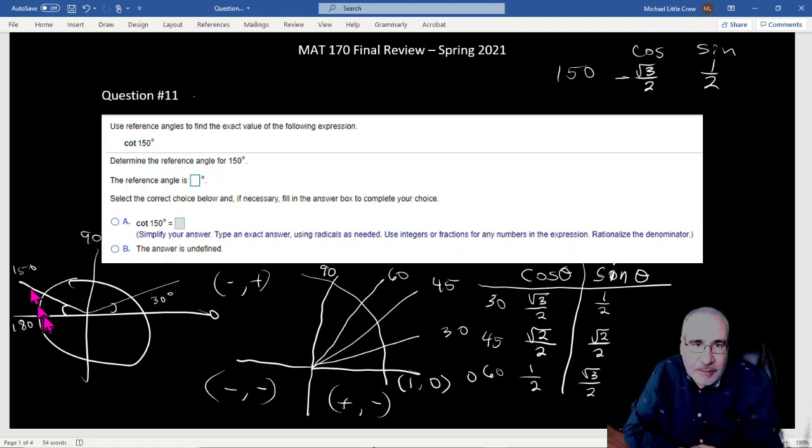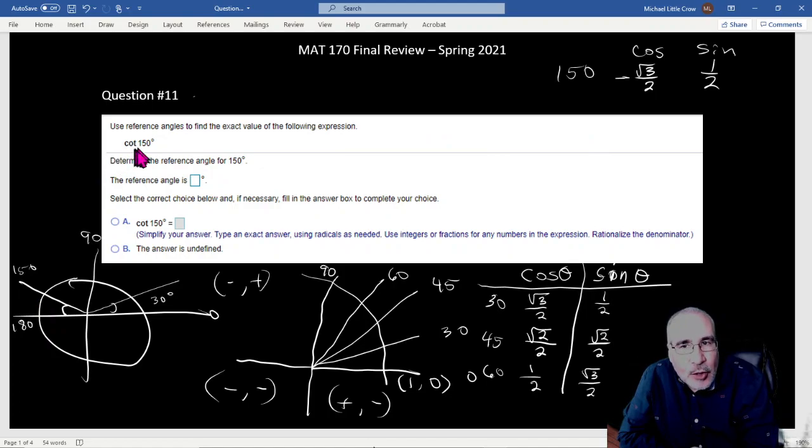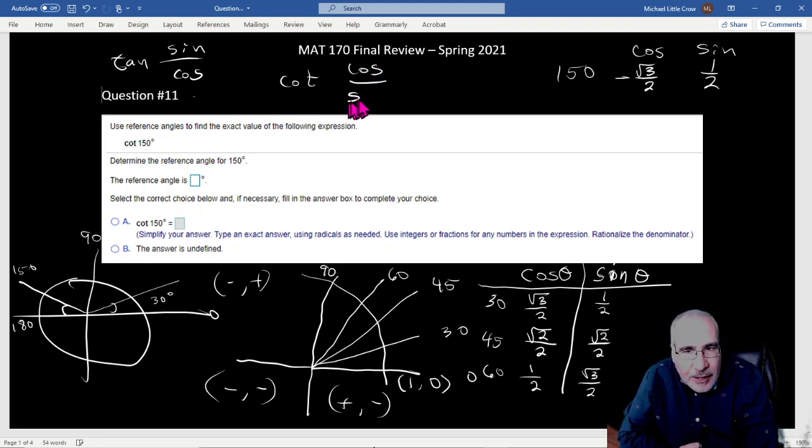Now that's just sine and cosine. Cotangent, you have to remember all these other trig functions can be written in terms of sine and cosine. So tangent is, always remember these ones, tangent is sine over cosine. Cotangent is the reciprocal function. So cotangent is going to be cosine over sine.